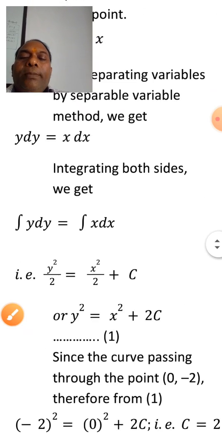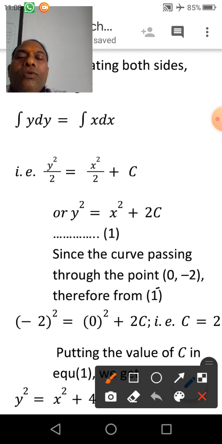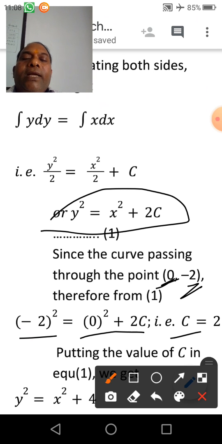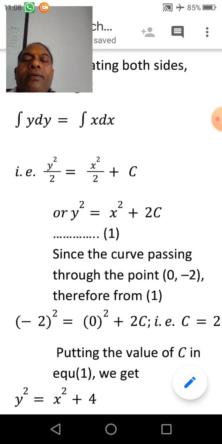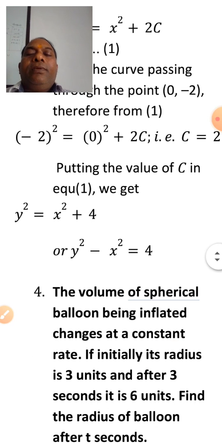Put this in equation 1 and find the value of c, and put the value of c in equation 1, then you have the equation of the curve. Clear?